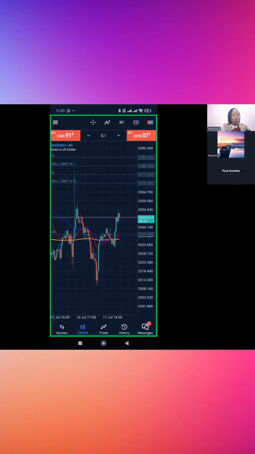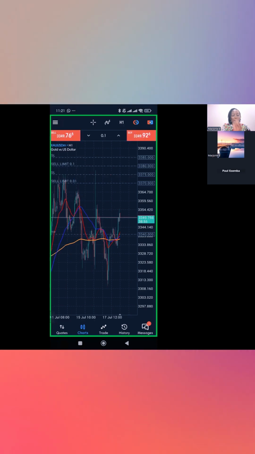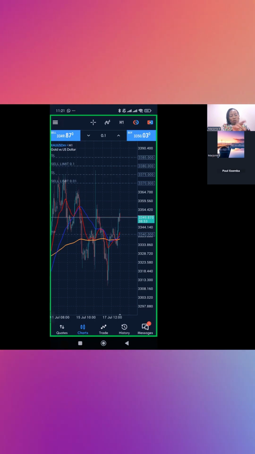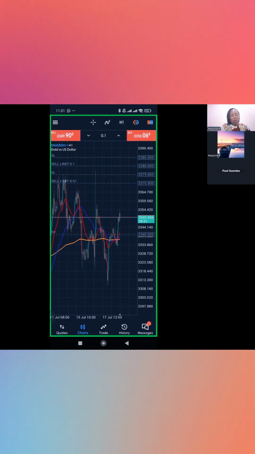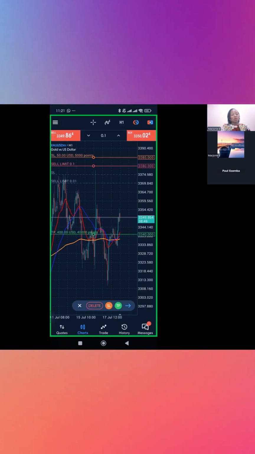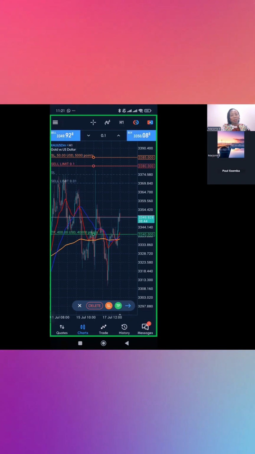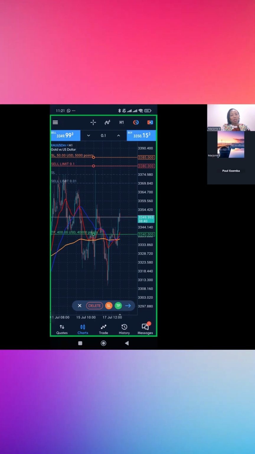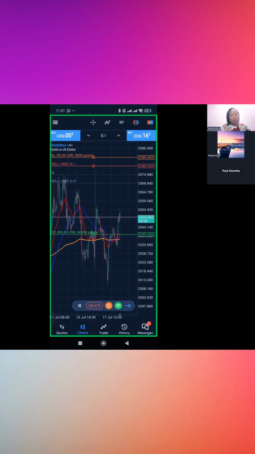Okay. So 0.1, let's see, chart, 0.1. You see both the sell limits there. If I click the 0.1 sell limit, it's showing my SL. How much can you see there? Yes, 50 USD.